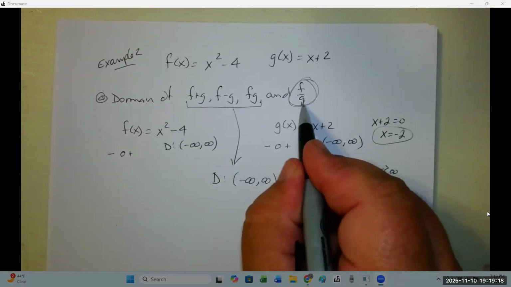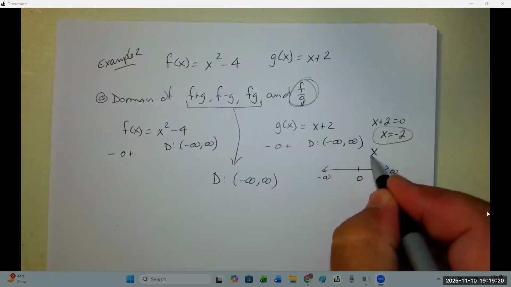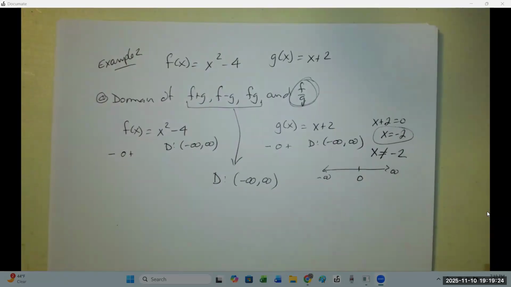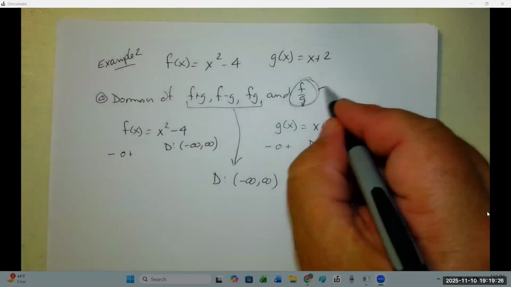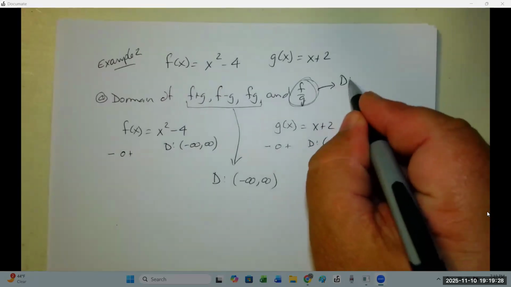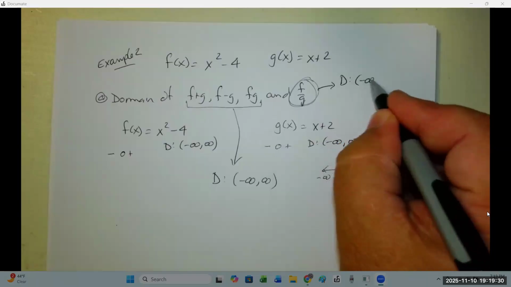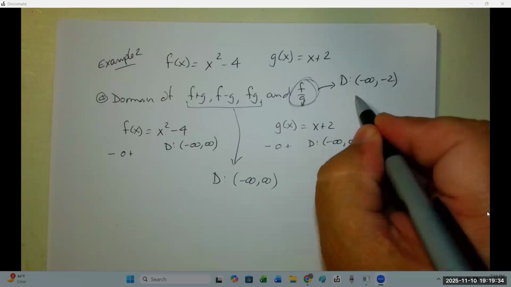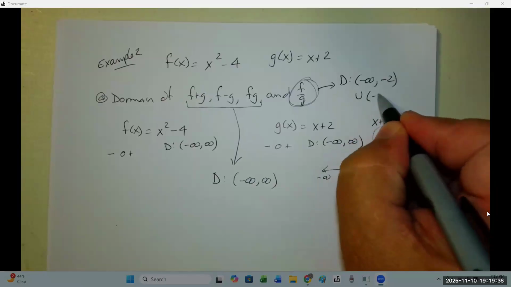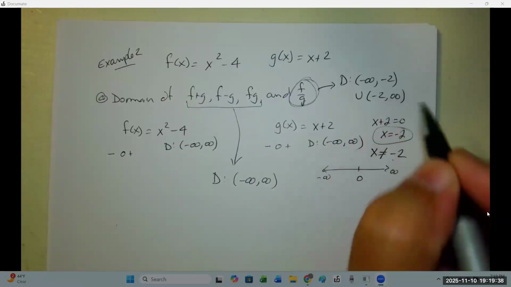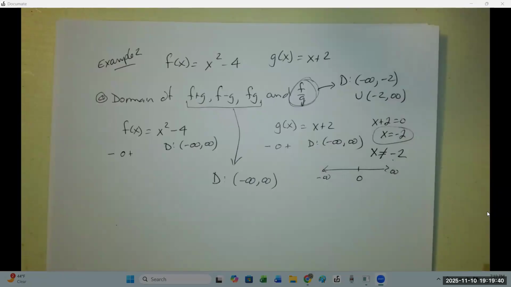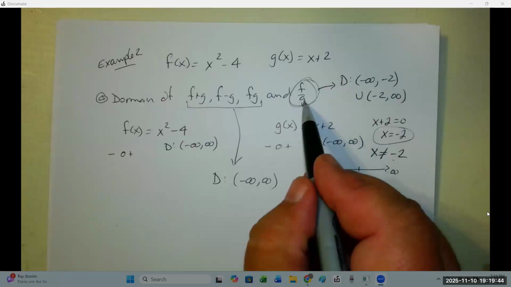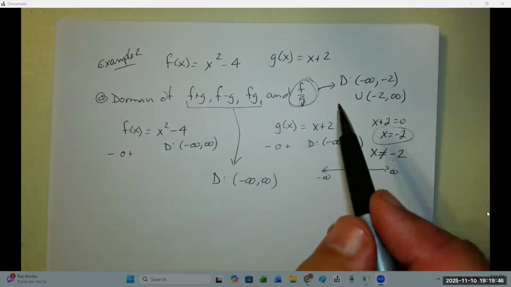Because we cannot have 0 on the bottom, x cannot equal negative 2. So the domain of this function is from negative infinity to negative 2, union negative 2 to positive infinity. Whenever you have a fraction, you have to see what makes the bottom equal 0, and you cannot use that one.